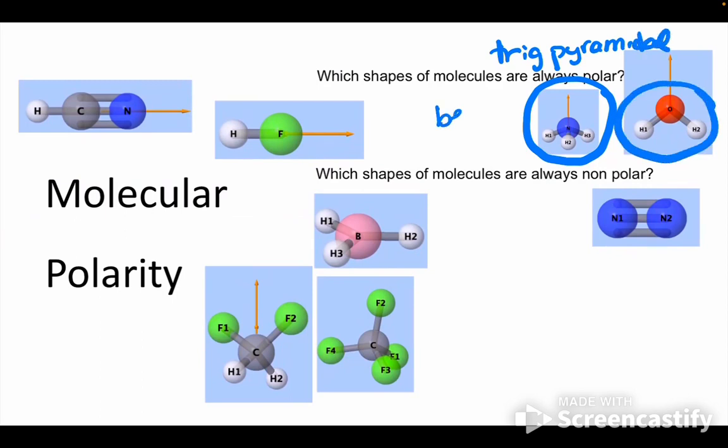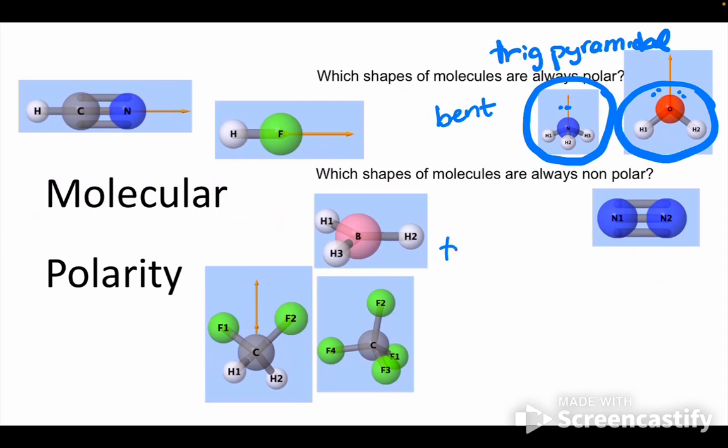Those shapes are always going to be polar because there's no way for their polar bonds to cancel themselves out. They also have lone pairs of electrons, which lead to them being partially negative on the side with those lone pairs. And then there are shapes that are nonpolar.